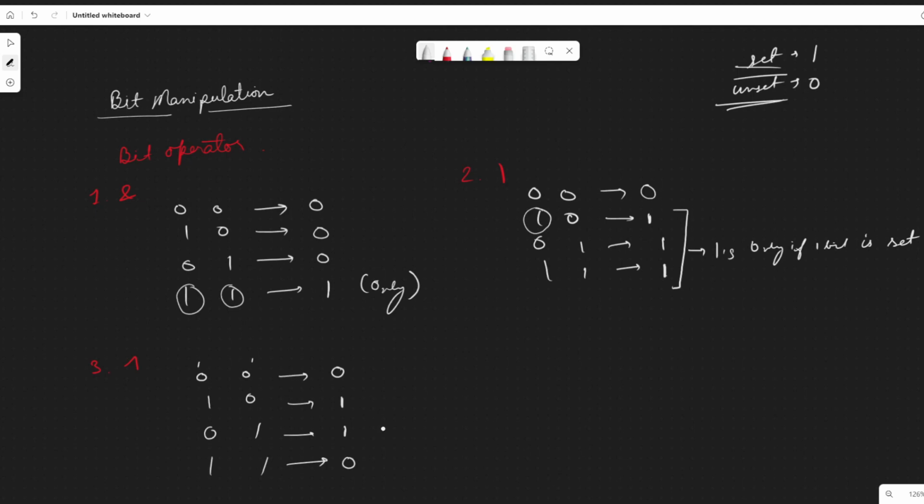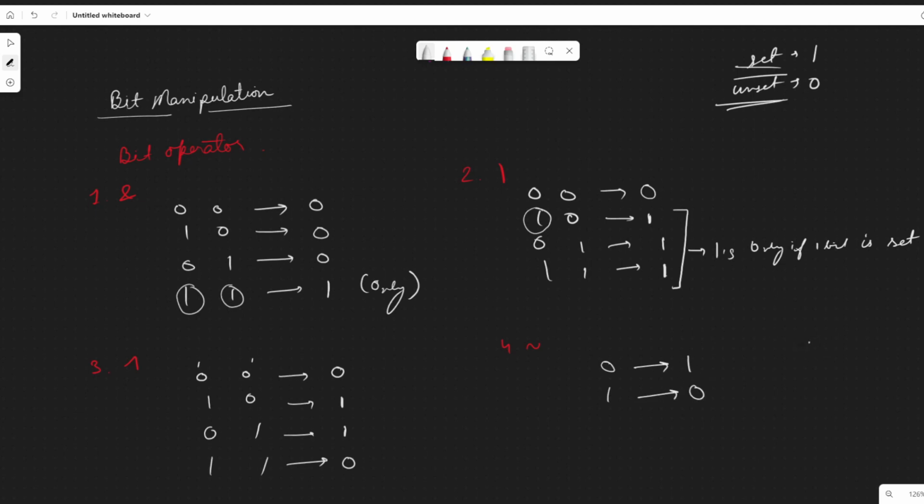And the next operator we have is the NOT operator. In this, if we have a 0, then it changes to 1. If we have a 1, then it changes to 0. Simple.